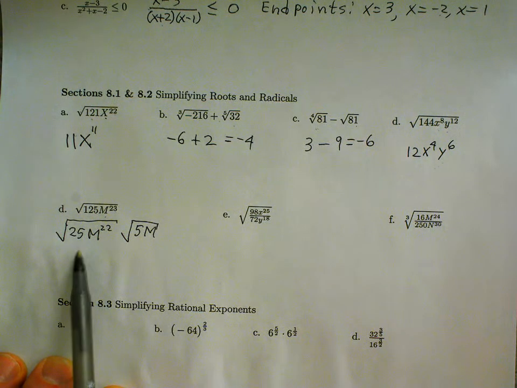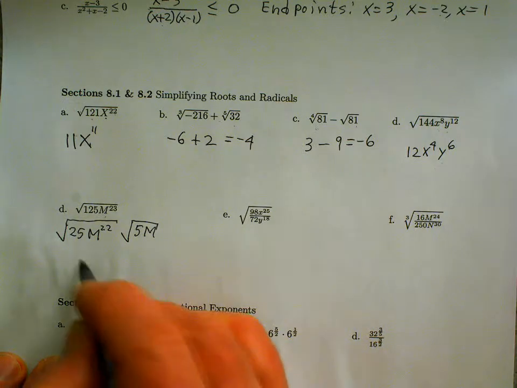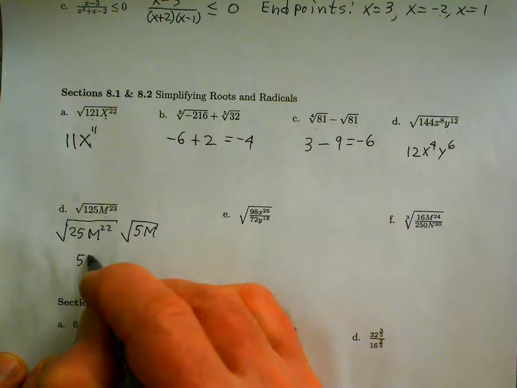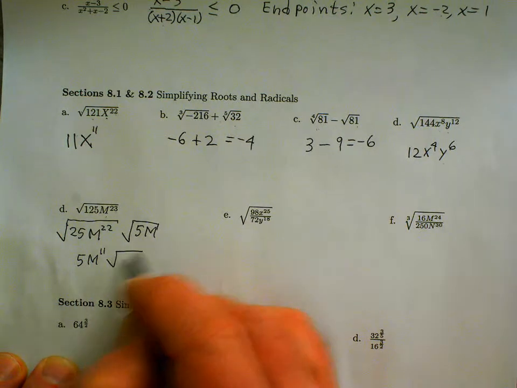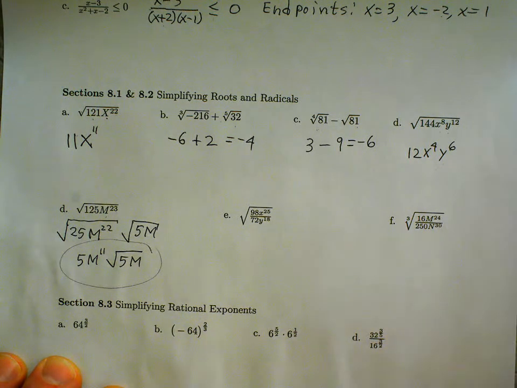And then we simplify the square roots of the perfect squares. Square root of 25 is 5. Square root of m to the 22nd is m to the 11th. And then we must multiply that by the square root of 5m. That's the simplified answer.